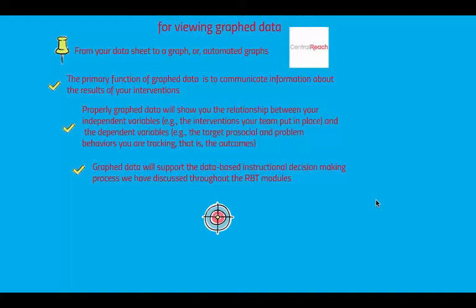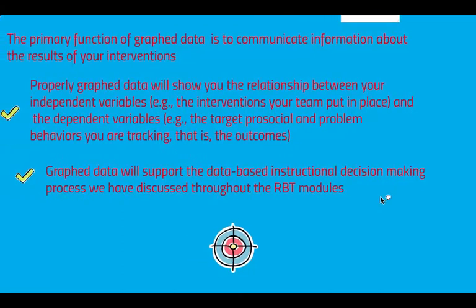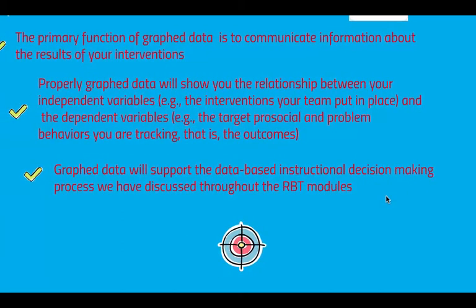So the responsibility here is to take data from our data sheets, whether it be an electronic system or hard copy, and get it transferred over to graphic form. Once done, the primary function of the graph data is to communicate information about the results of your interventions. That's what we're looking for those graph data to tell us.